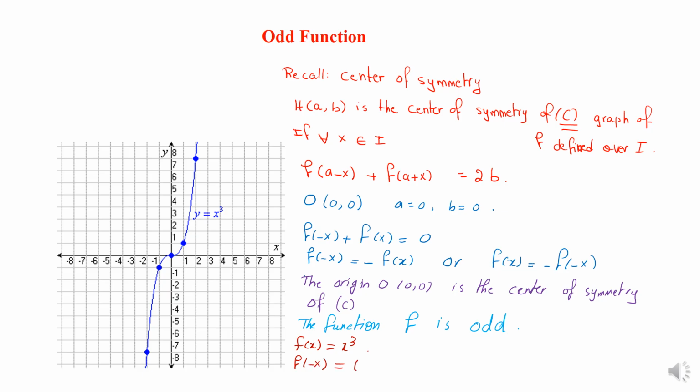It is minus x all to the power 3, since the exponent is odd, so the answer is minus x cubed, which is minus f of x, and the function f of x equals x cubed is considered to be odd.